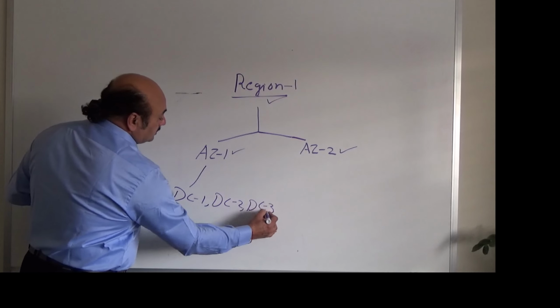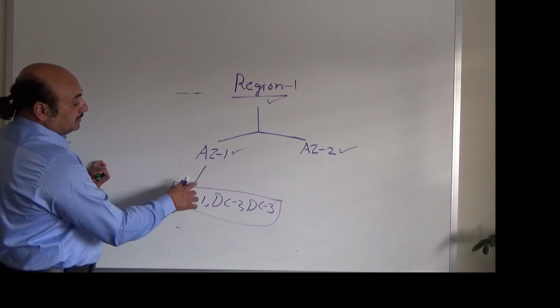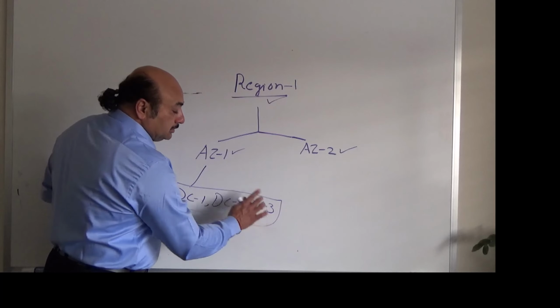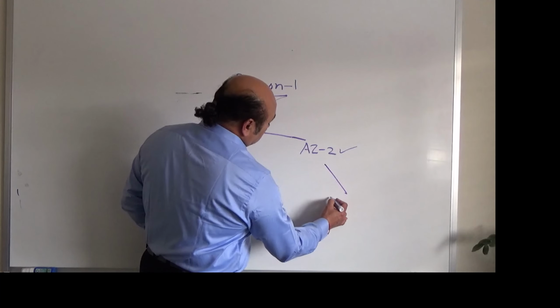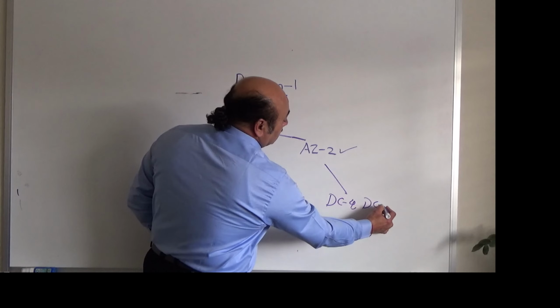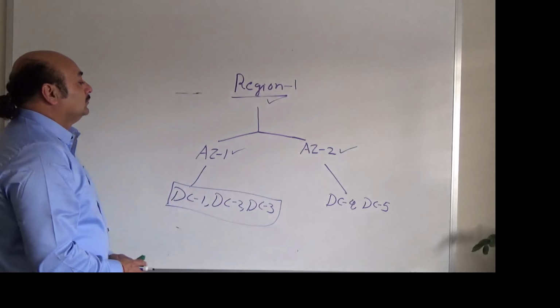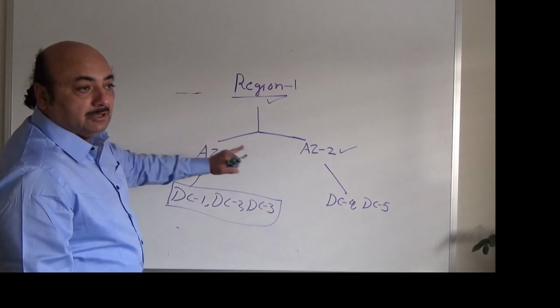Okay. So for explanation purposes, availability zone 1 is made up of DC1, DC2, DC3. Okay. And similarly, availability zone 2 is made up of 2 data centers called DC4 and DC5. Data center 4, DC5. Okay. So this is what it is. So region and availability zone.